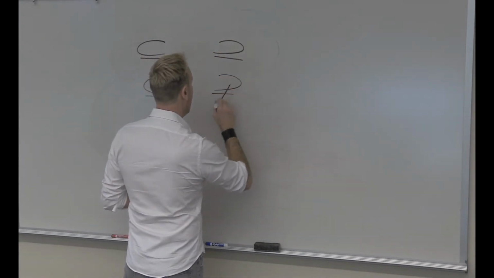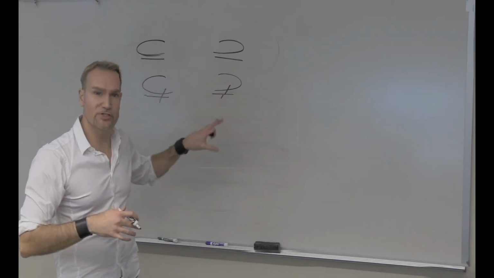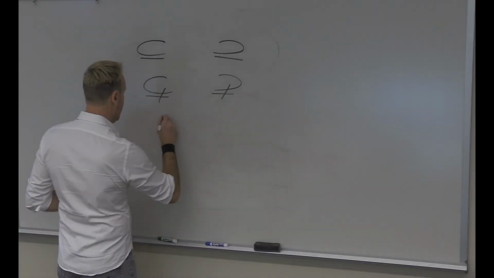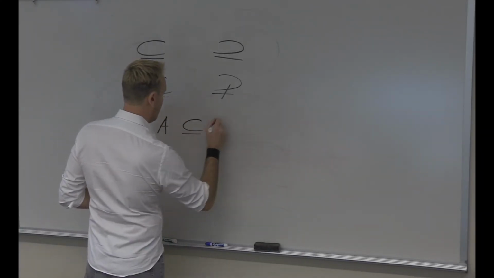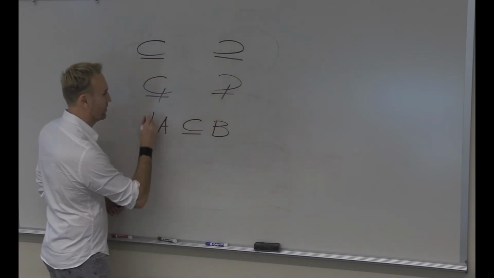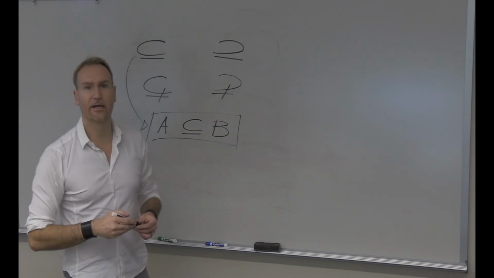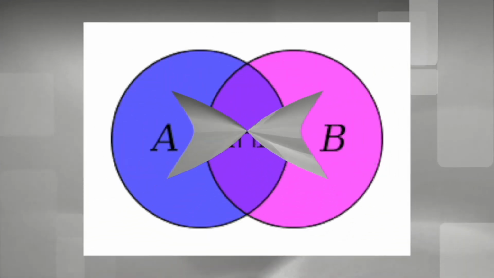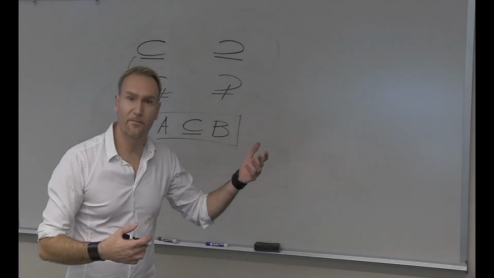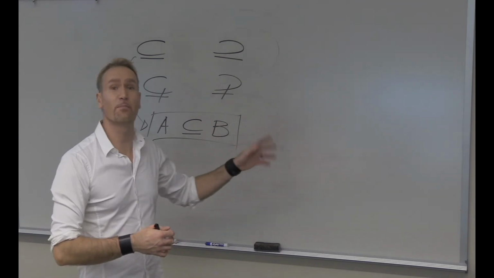So let me add the comparison between these four symbols here. In the first one, we see that every element of A is an element of B, which means that A is included in B, or A is a subset of B.